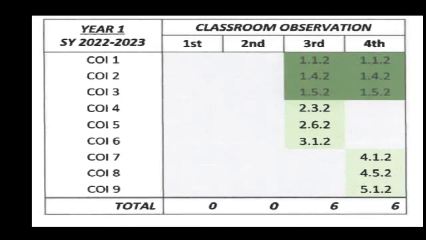For school year 2022-2023, only 2 classroom observations are required, which shall be conducted in the last 2 quarters, 1 for 3rd quarter and 1 for 4th quarter. Here are the schedule and distribution of the identified classroom observable indicators that shall be observed across quarters for Teacher 1 to Teacher 2 or the proficient teachers.